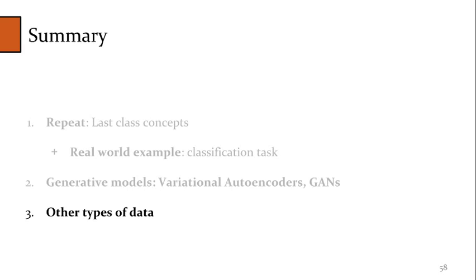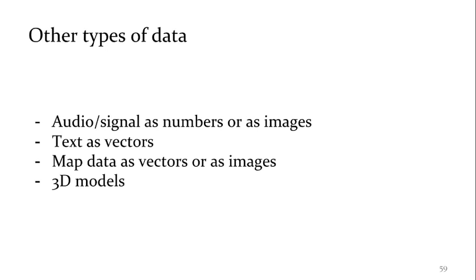The important thing to realize in the background of this is that if you can represent anything as numbers, a matrix, you can then use these methods. So you can have a generative network which will be generating whatever you just represented, or you can have a classifier which will be classifying between them. Okay, so there are a lot of types of data, but let's talk about these areas.